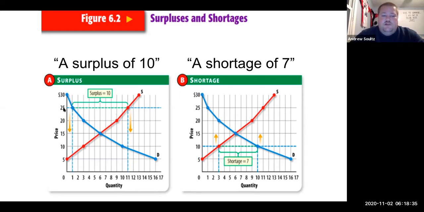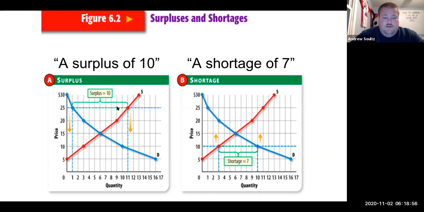When we look at this first graph on the left, the one that says a surplus of 10, the question might be, what is the surplus or shortage when the price is 25? You would go up to where the price is 25, look across, and find the quantity supplied and the quantity demanded.